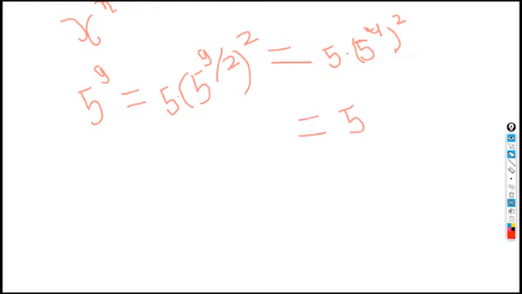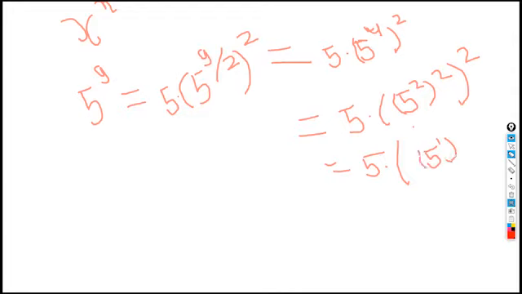Now again, if we reduce this, it would be 5 to the power 4 by 2. 5 to the power 4 can be reduced to 5 to the power 2 squared and then squared. In a similar way, 5 to the power 2 will be reduced to 5 to the power 1 squared, then squared, and then one more square.